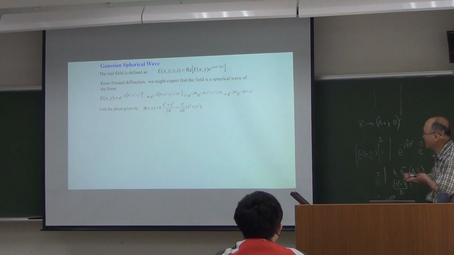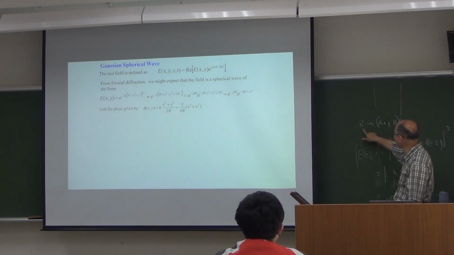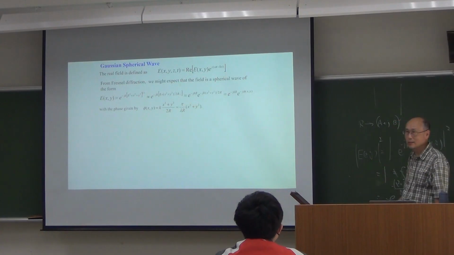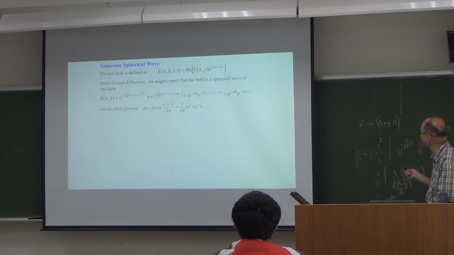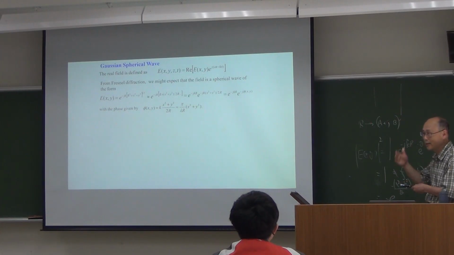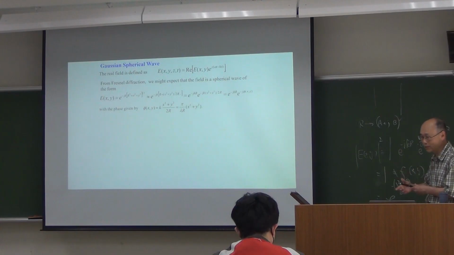Do the calculation by yourself. If you change R to be like this, it is still a solution of the Helmholtz equation. So now we understand that we just need to do this transformation to get the right formula for describing the Gaussian laser beam.